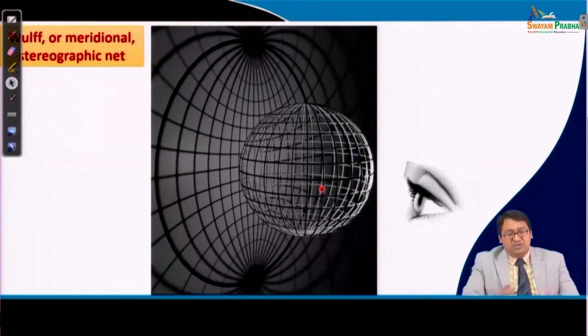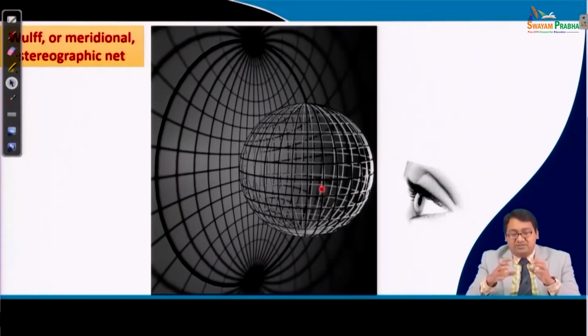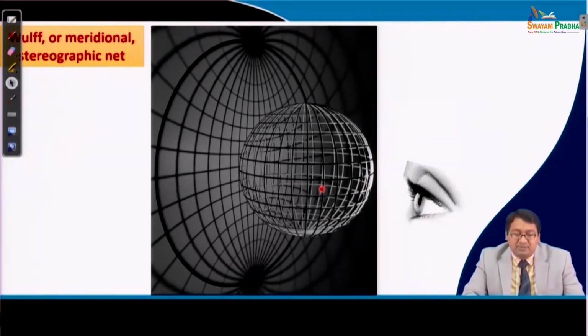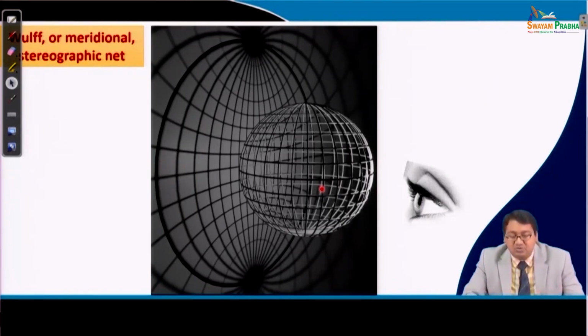So, if you make it equiangular, then it will not remain equiareal, and thereby depending upon the position of a country on the sphere and the point from where we are projecting it, a country may look bigger or smaller, and it will not look equivalent to the area of the country. Maybe a country with a larger area may look smaller, and a country with smaller area may look larger.